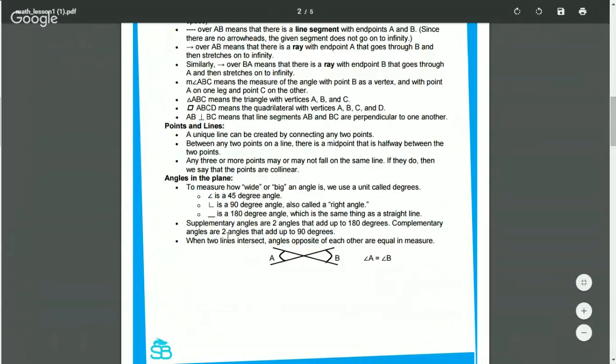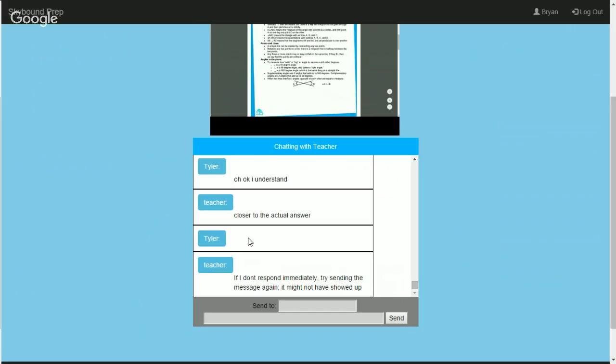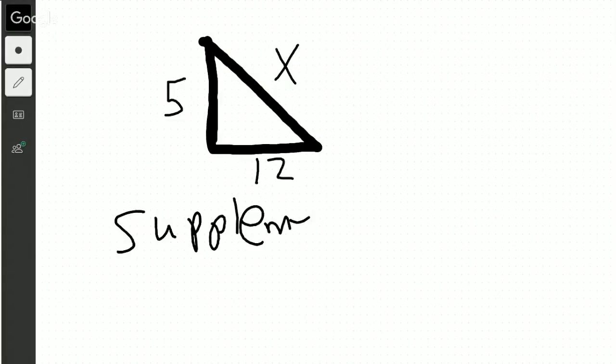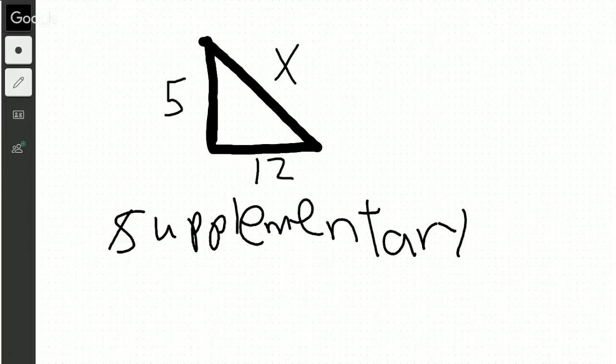So here, there are some tactics that I like to use. We have supplementary. And a simple way to know how this adds up to 180 is that we can make it look a little something like 180 degrees at the very beginning.